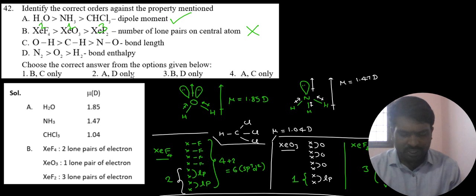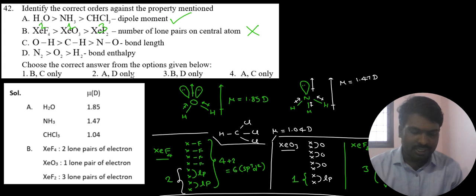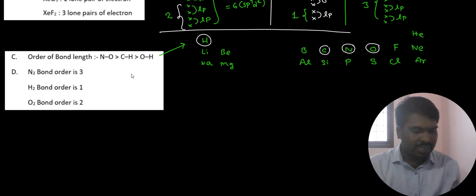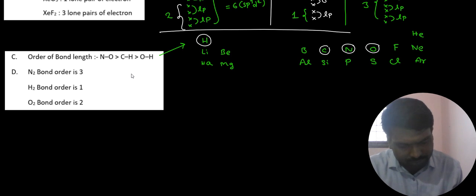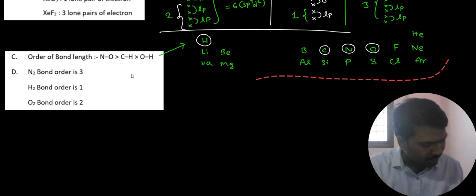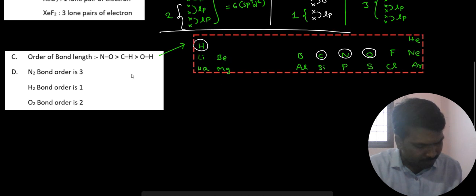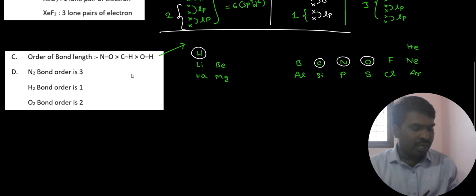Now moving to the next statement: NO bond length is greater than CH bond length is greater than OH bond length. I provided here just the elements' order, according to the periodic table. Hydrogen and helium are first period elements.